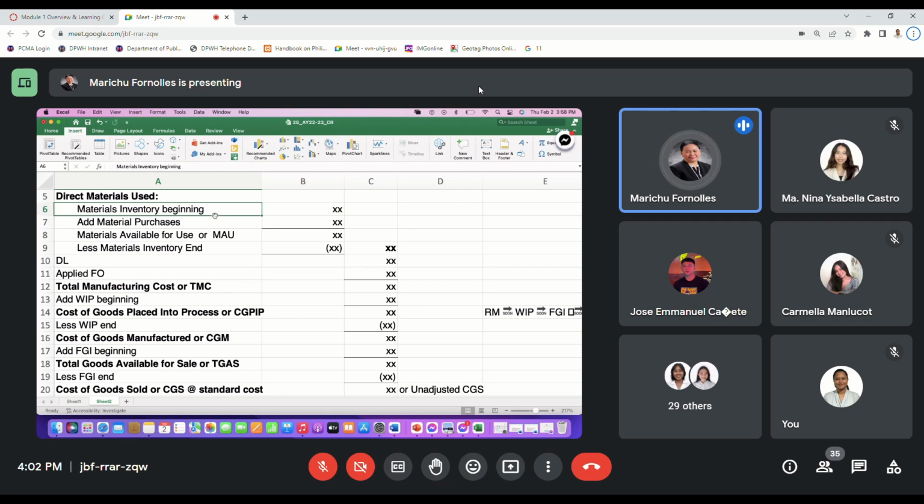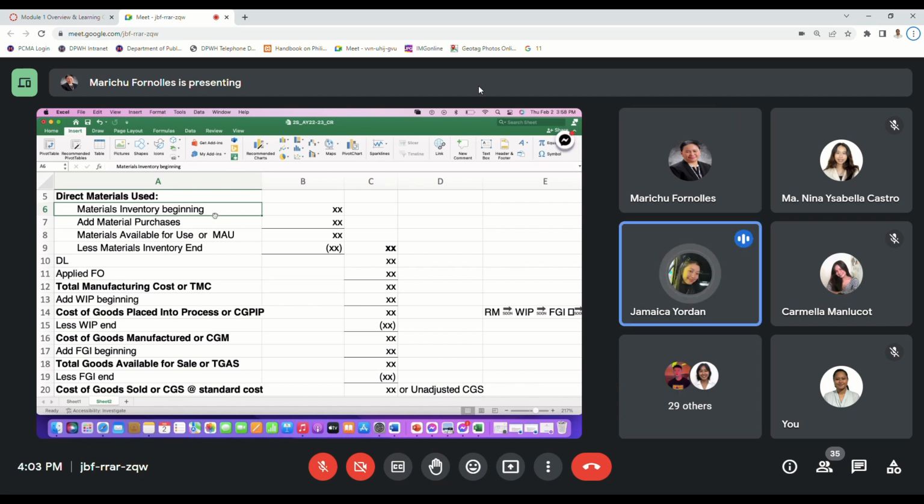Draw a single line after the quantity 500. Draw a single line after 22,500 pesos. Bring down the total. So what is the total number of yards left on hand on July 6? 1,100 yards.